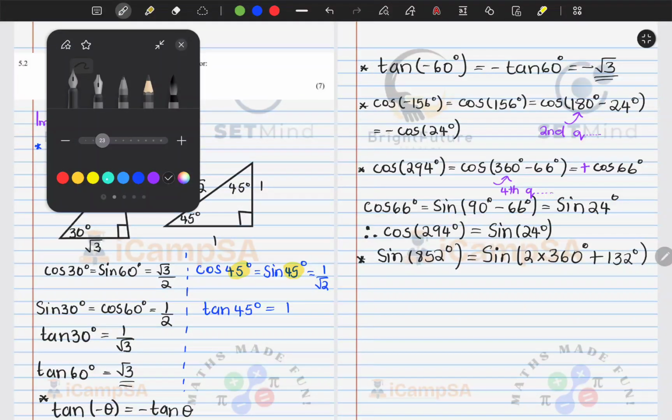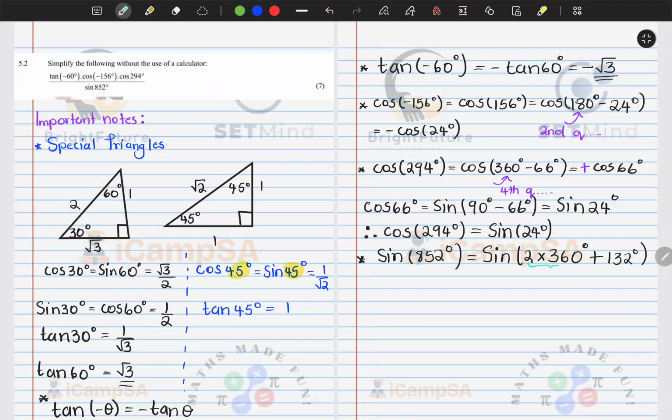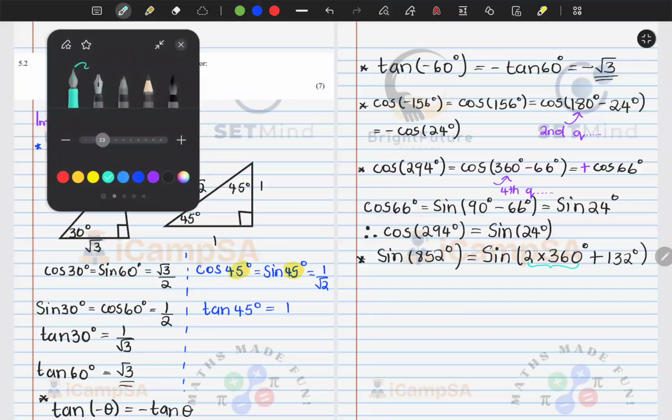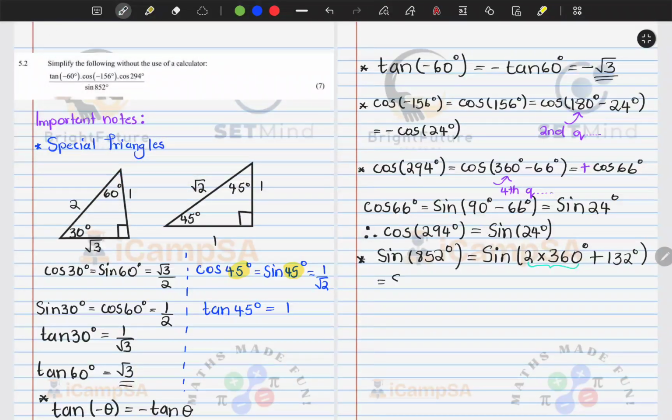Okay. And whenever you have multiples of 360, you know that that's a full revolution. So what that means is we just end up having sine of 132 degrees. And sine of 132, we know it should be sine of 180 minus, so think of 180 minus 132. You will see that what we end up getting is 48 degrees.